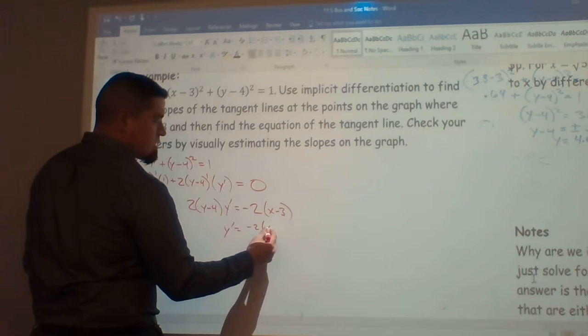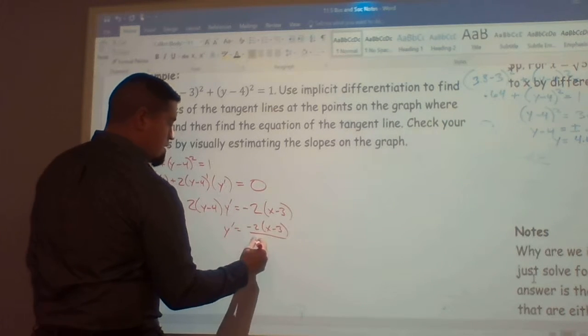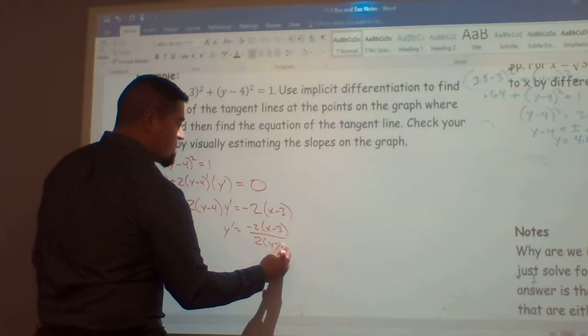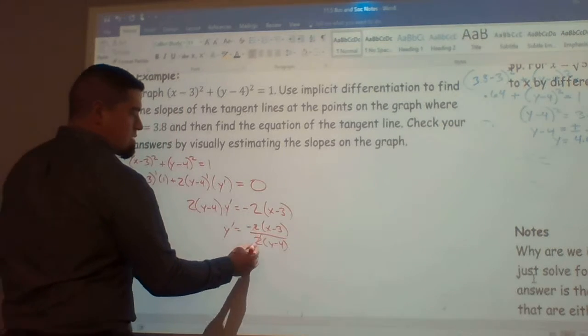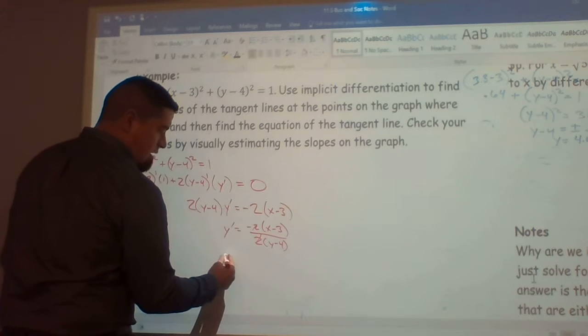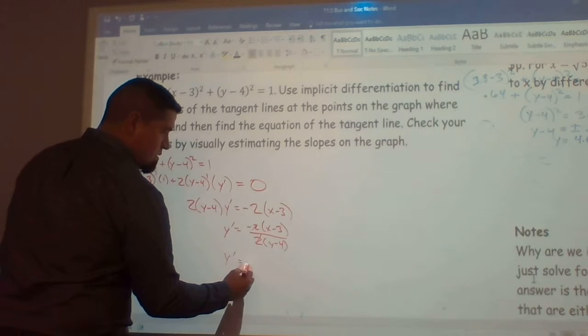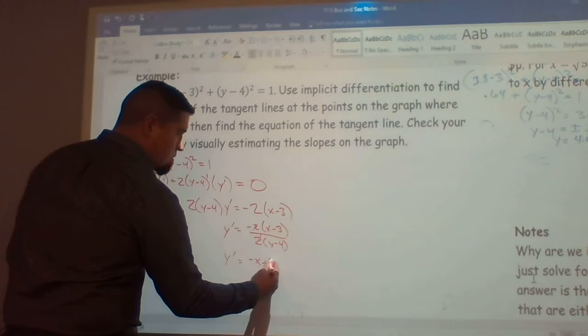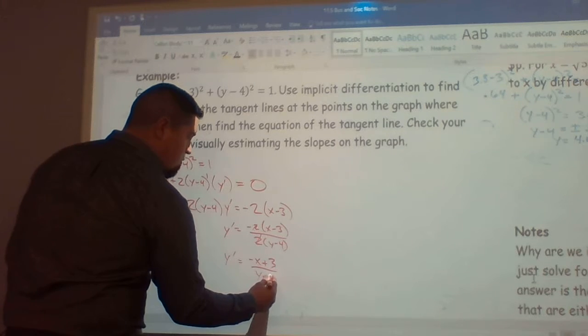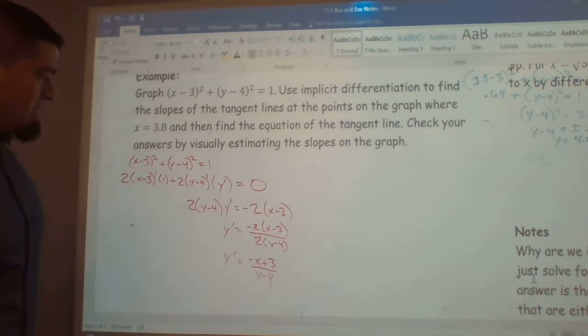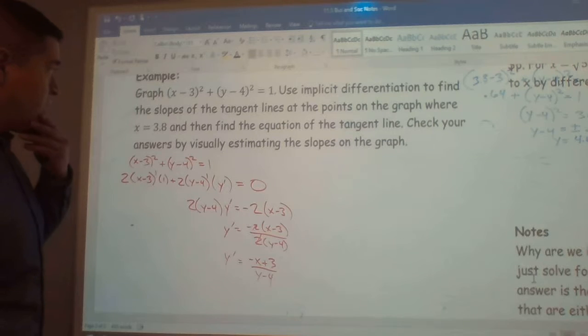So negative 2 times x minus 3 over 2 times y minus 4. The 2's will cancel, and then you got to distribute the negative, so we end up with y prime equals negative x plus 3 over y minus 4. And that gives us our solution to that problem.